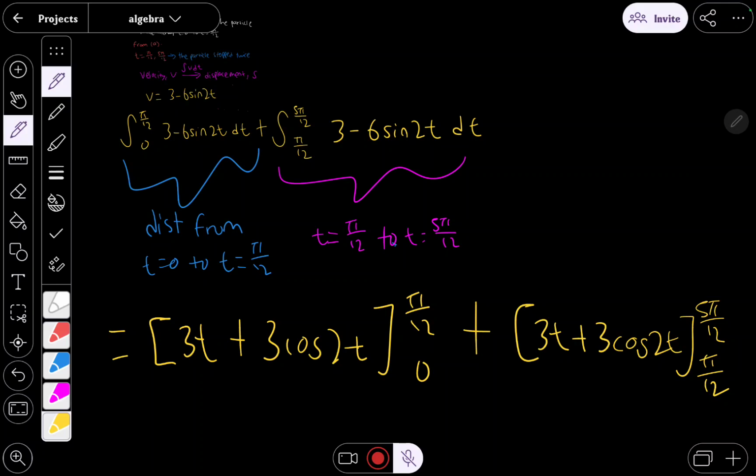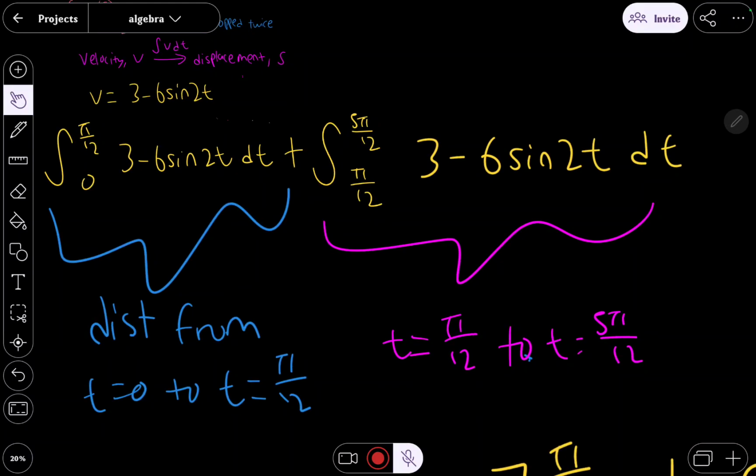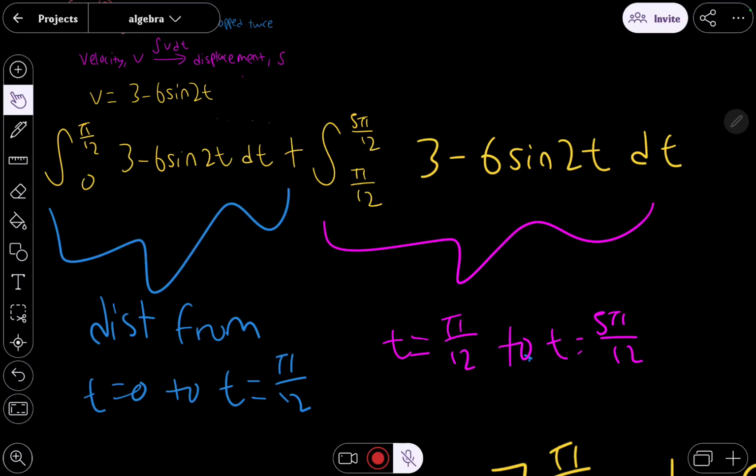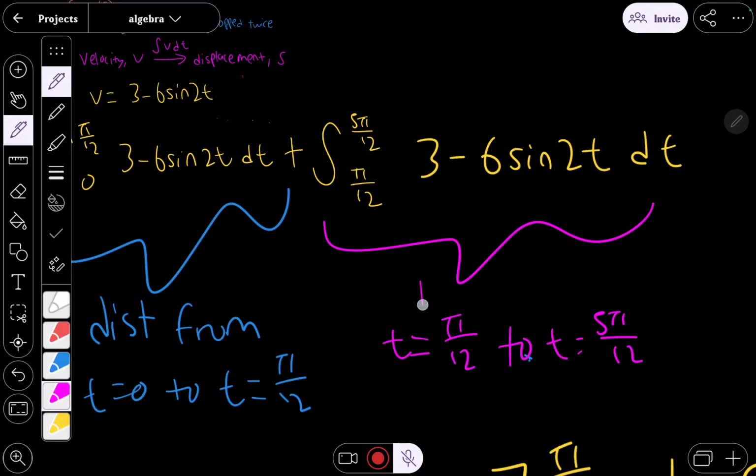Understand the context of the question here? Why do I do this? You might wonder why you integrate from 0 to pi over 12, and then add the integration from pi over 12 to 5 pi over 12. This is because the first distance is from t equals 0 to t equals pi over 12, where the particle is instantaneously at rest, and we integrate from pi over 12 to 5 pi over 12 because this is the distance to t equals 5 pi over 12, where the particle stops the second time, and that's what the question wants.